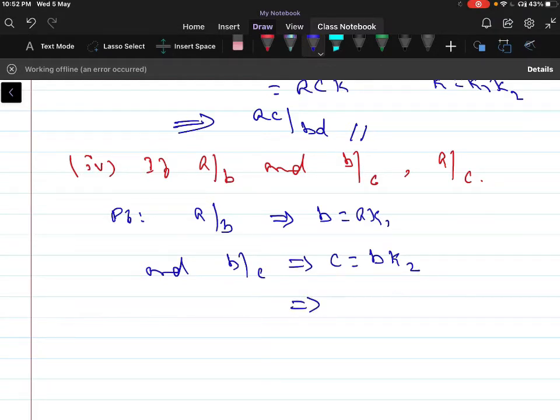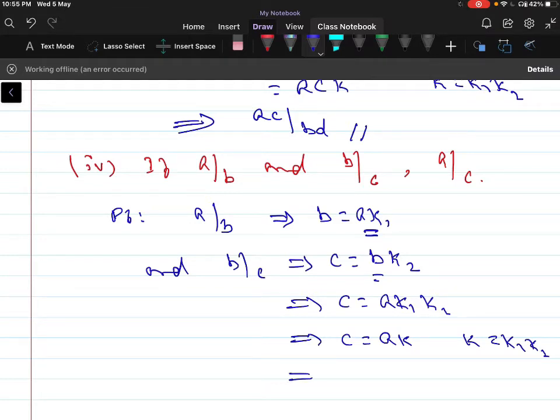Since b is equal to a into k1, this implies c is equal to a into k1 into k2, so c is equal to a into k, where k is equal to k1 into k2. So this implies a divides c.